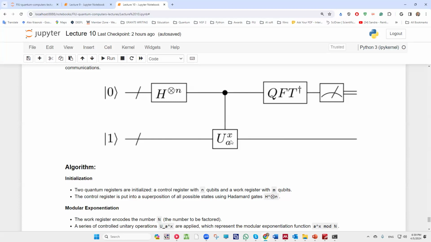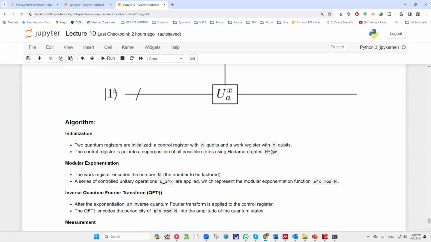Then there is another group of qubits, in which we encode the digits from the number we are going to factorize.